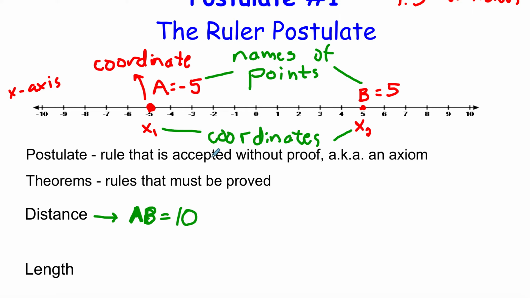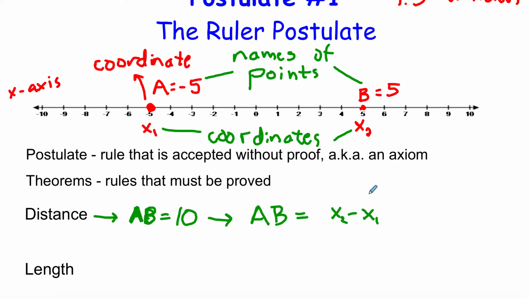If I wanted to, in general, write a formula for what I just did, how would I do that? How could I figure out this for all points? Well, the formula for distance goes like this. AB, the distance between 2 points, is going to be the second coordinate, which is x2, minus the first coordinate, which is x1.